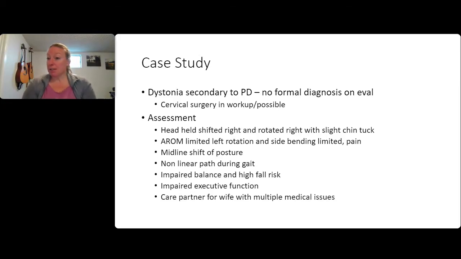But her cognition, at least when we began working with him, was much better than his. So she was sort of the brains of the operation and organizing things, although her mobility and health were fairly unstable. Over the last year, she had been in and out of the hospital. So he was alone a lot, or really taking care of her. Those caregiving duties did not allow him as much time to manage his own health concerns. And he was very, very concerned with making sure he was managing her okay.